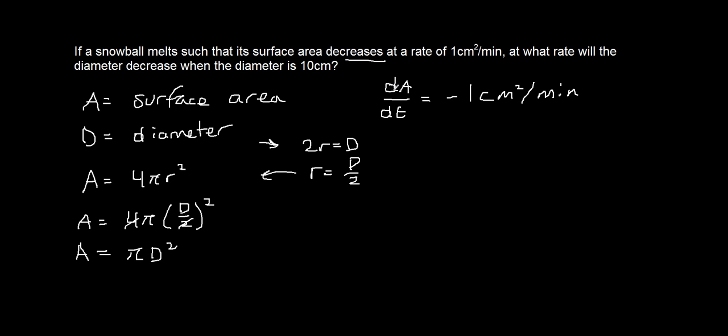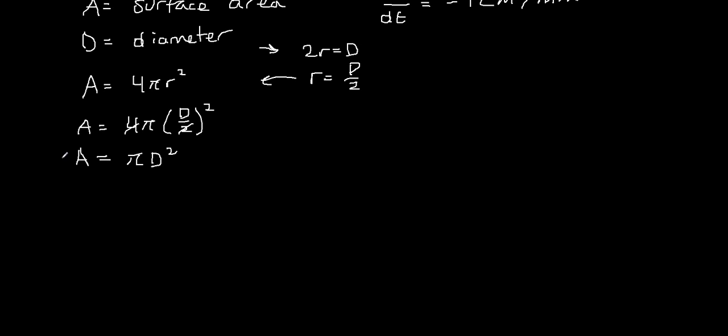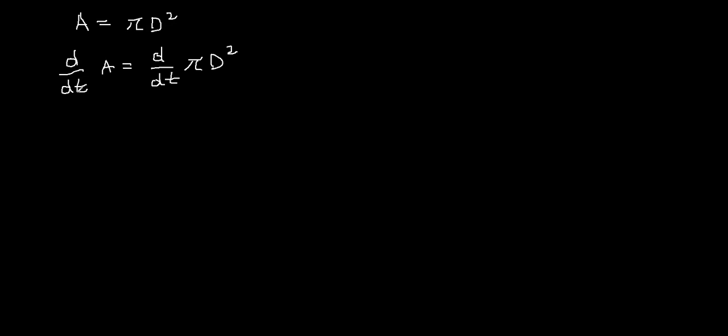Since you actually have the derivative of the area with respect to time, it may be useful to take the derivative, so we can plug that in. So take the derivative with respect to time on both sides. So d over dt of A equals d over dt of pi d squared. d over dt of A is just your dA over dt.